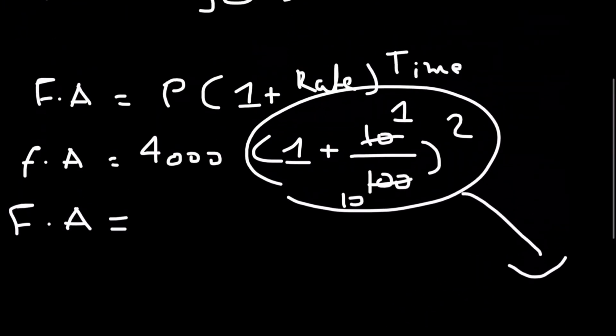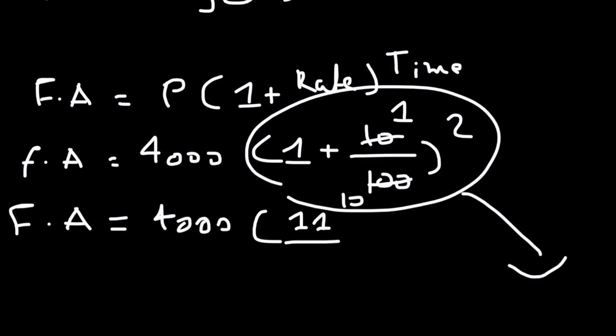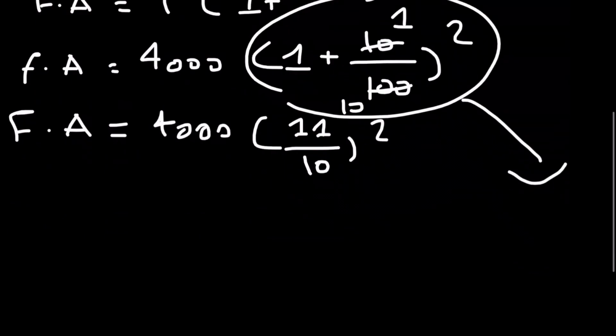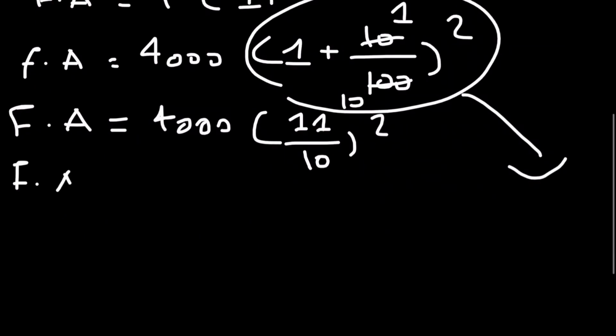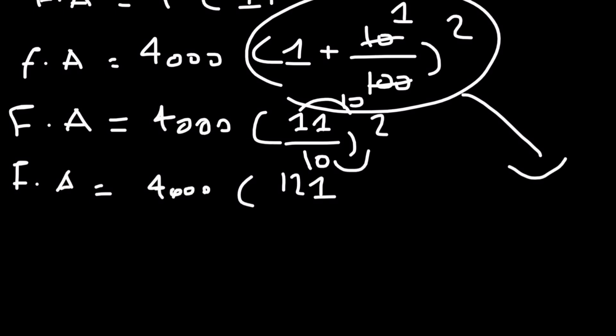Let's write the fraction. So I have 4,000 multiplied by 11 divided by 10 to the power of 2. Now let's do the power part. 11 to the power of 2 is 121. 10 to the power of 2 is 100, right?